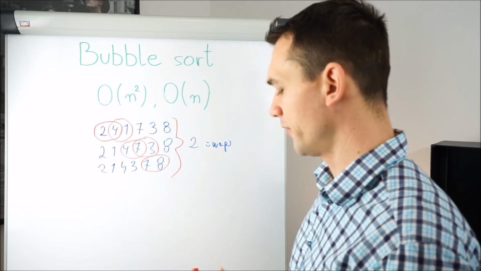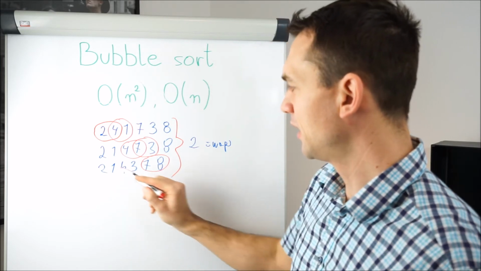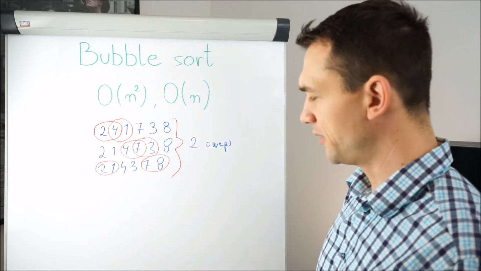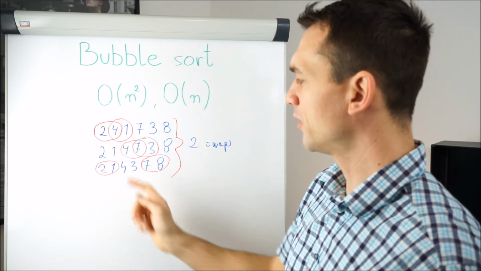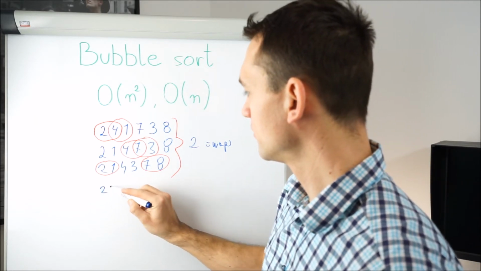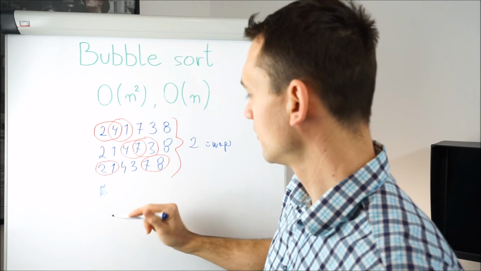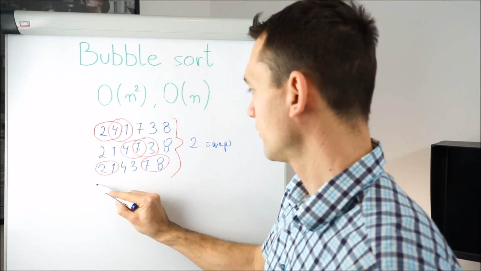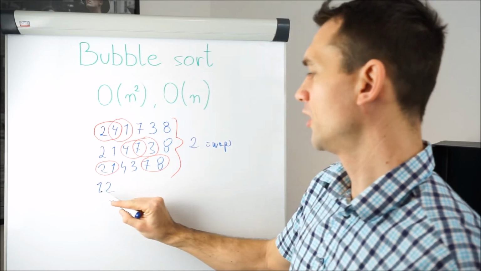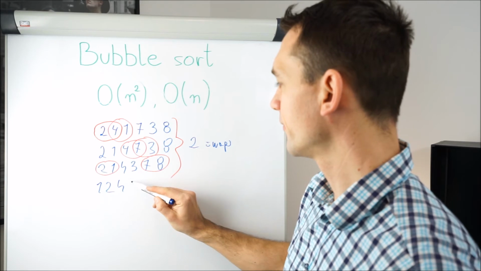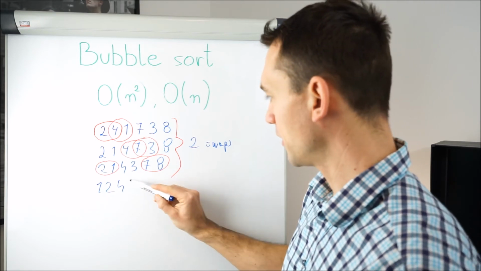Okay, moving on. We start another iteration, and we again put our window here. We swap 2 with 1. So we have 1, 2, 4, 3.